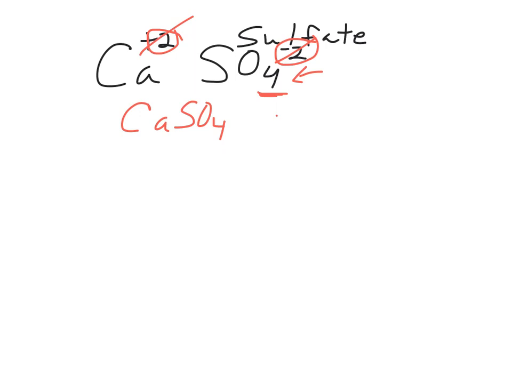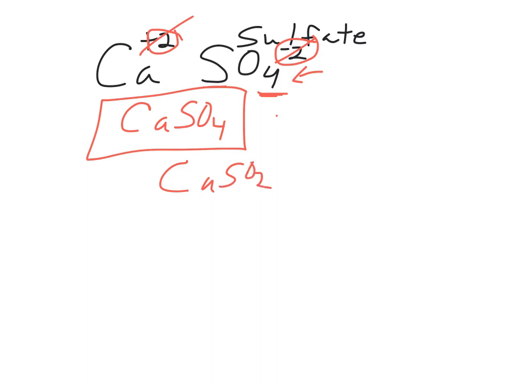So if you move it, instead of putting CaSO4 you put something like CaSO2 because of the charge or whatever, that would be wrong. Okay? The numbers on the bottom never move, because what this means is you have 4 oxygen. Here you have a sulfur, you have an oxygen, an oxygen, an oxygen, and an oxygen.